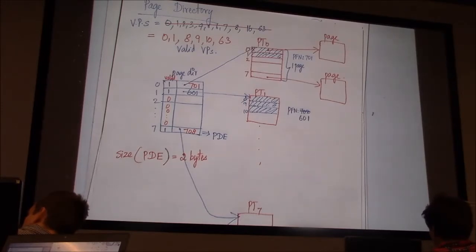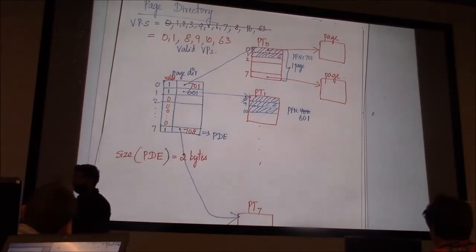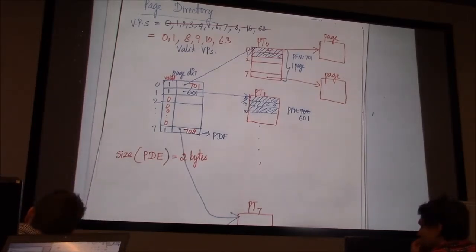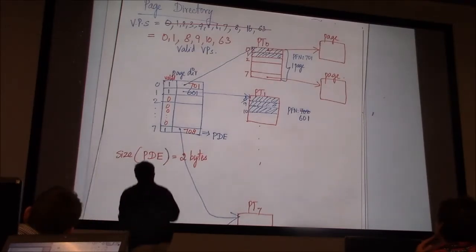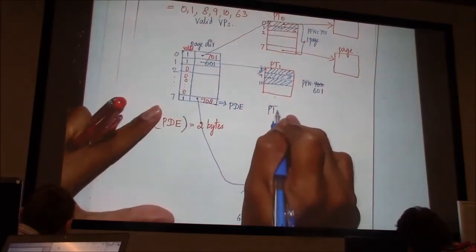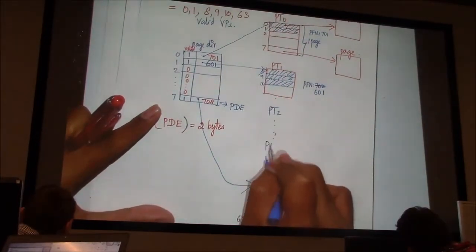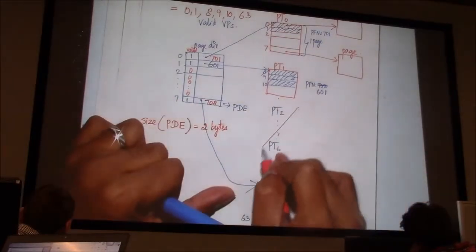And in our setup, even though this page table was so big, only 3 parts of the page table, whichever had valid pages in them, are actually allocated in the physical memory. So the page tables here in between, okay, page tables 2 till page table 6, all these page tables are not even allocated.